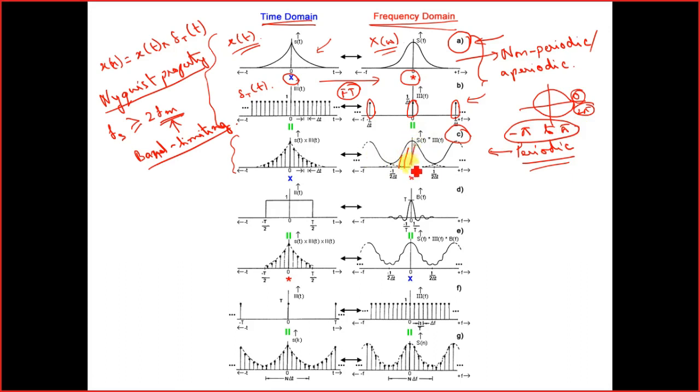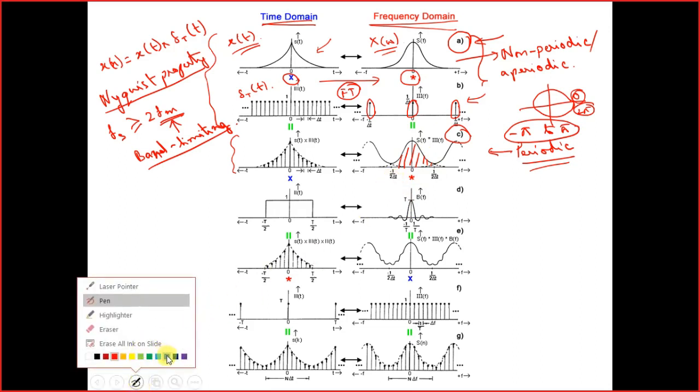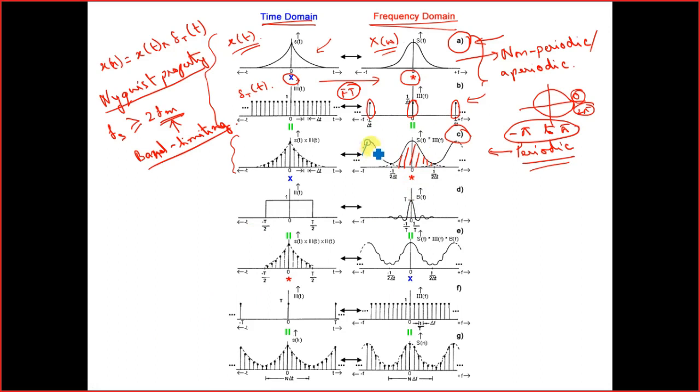Due to this reason, if you see this red shaded area in the figure, this is the original one. However, the blue shaded areas are the repeated components of the same frequency components shaded in red.